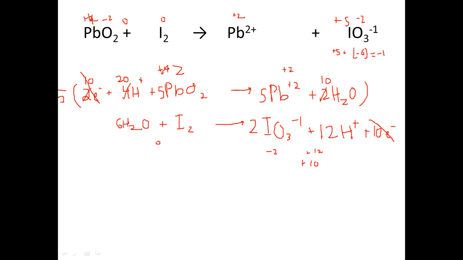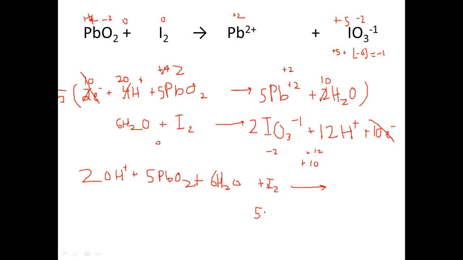So I'll go ahead. We have this crossed out, so I have 20 H+ plus 5 PbO2 plus 6 H2O and plus I2. Draw my arrow, and then I want to write everything that isn't crossed out on this side.